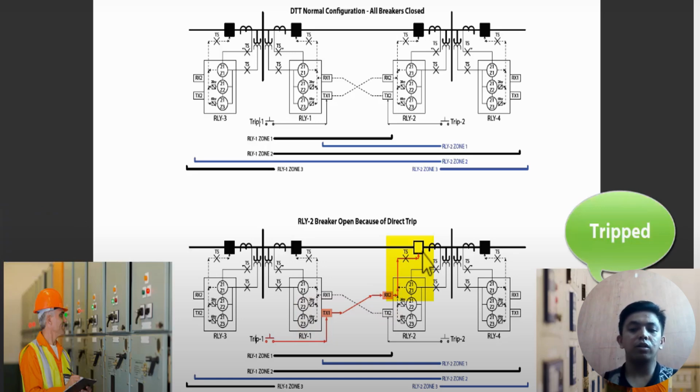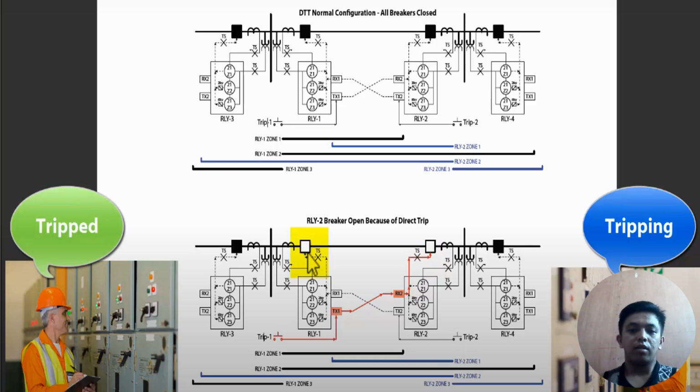The trip button will go to the transmit of relay 1. It will then send a signal to relay 2. Then relay 2 will receive that signal and open the breaker. Then body number 2 pushes their button and then the reverse should happen and breaker number 1 should open.